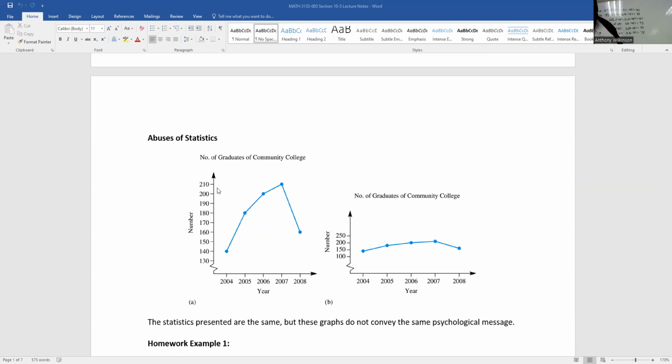So you want to keep your axis as uniform as possible, so that way it can truly depict the type of trends that a particular community college in this case would have. That's one way statistics can be abused.